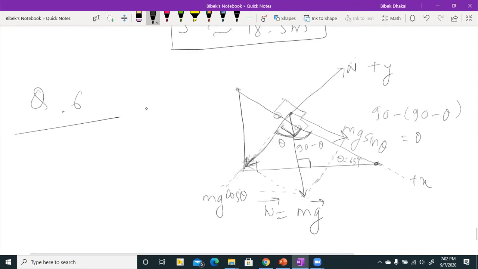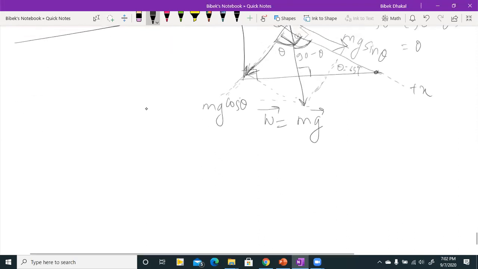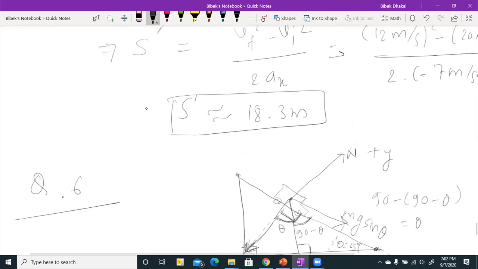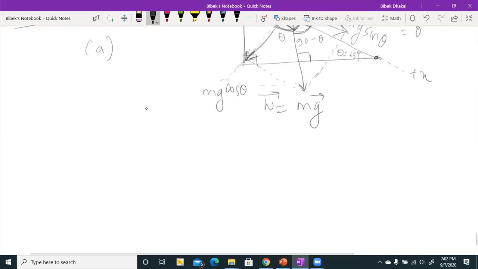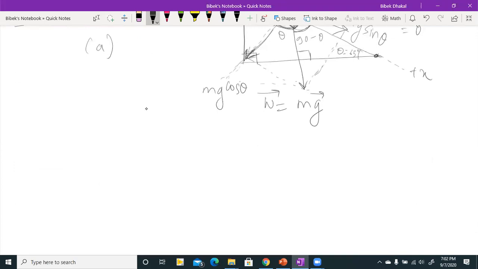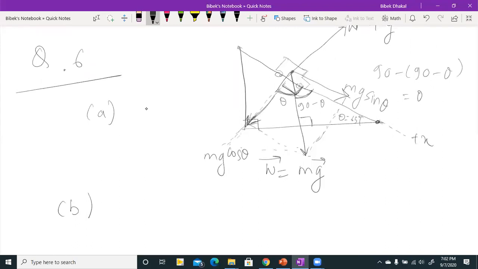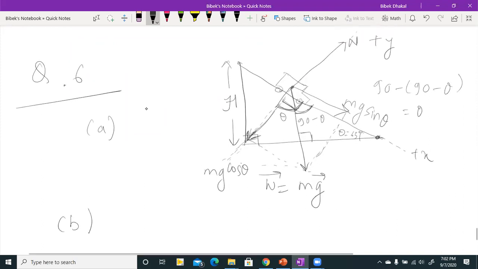Let's solve the problem. This was part A, where we drew a free body diagram. Now we'll do part B, where we need to find the height of the plane. That is this height h from here to here. And I think we're given this distance as well, which I'll write as s.